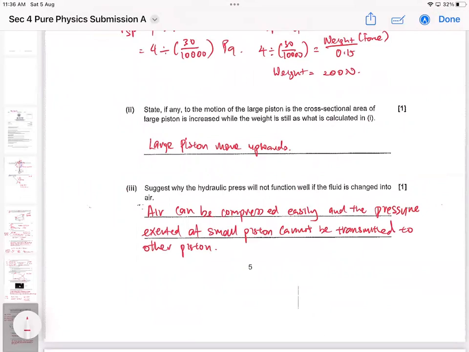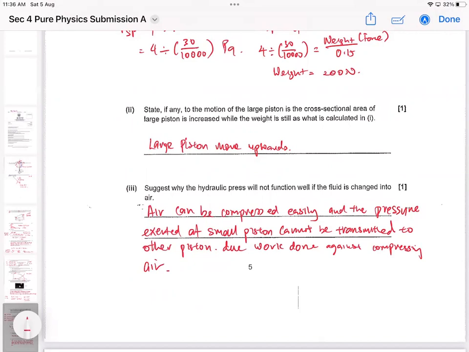And you can also add in the fact that, this is an official write-up for the compression, we call it due to work done against compressing the air. So this compression leads to a loss of energy.